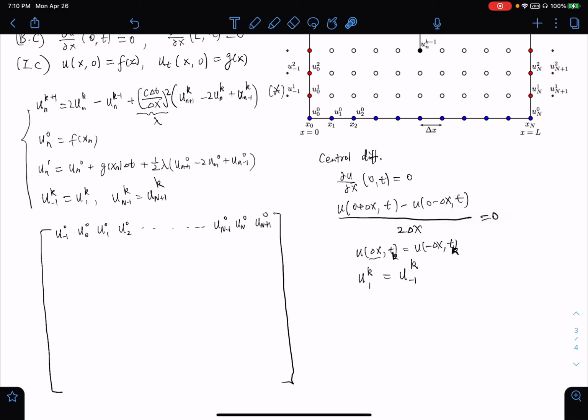Again, this value will be determined by the initial condition, and this value will be determined by this kind of equation. This value will be determined by this one. So we have the first row already.